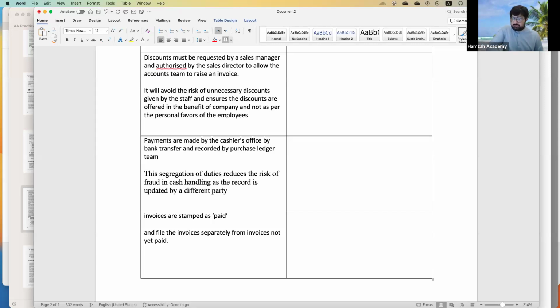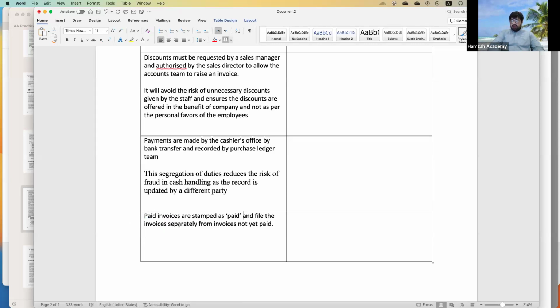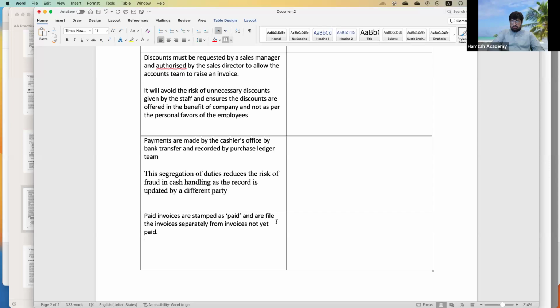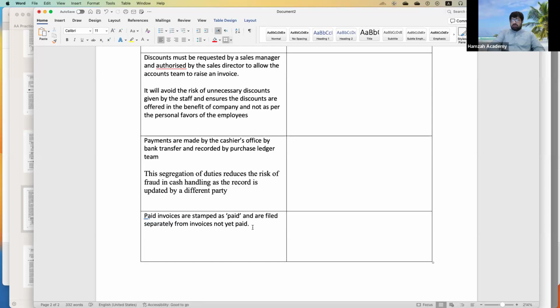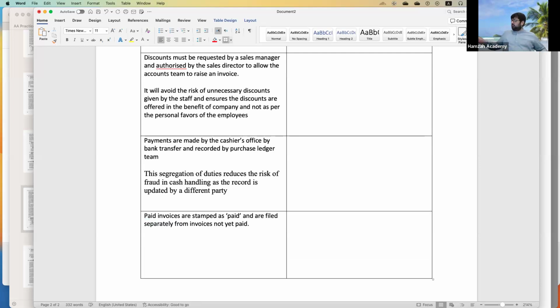So paid invoices are stamped and are filed separately from invoices not yet paid. How is it the benefit? Tell me.